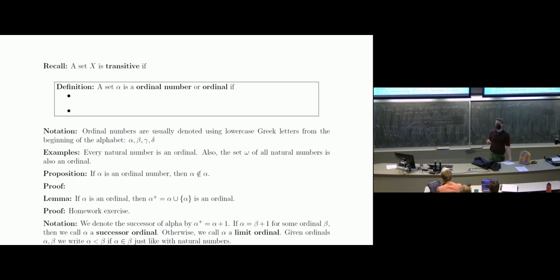People who made this mistake on their second midterm, which was a lot of you, probably thought this went the other way. It can't. Homework 1. This cannot be turned around the other way, because then you'd be equal to your power set. Okay, so you're transitive if that's true, and now we can define an ordinal.